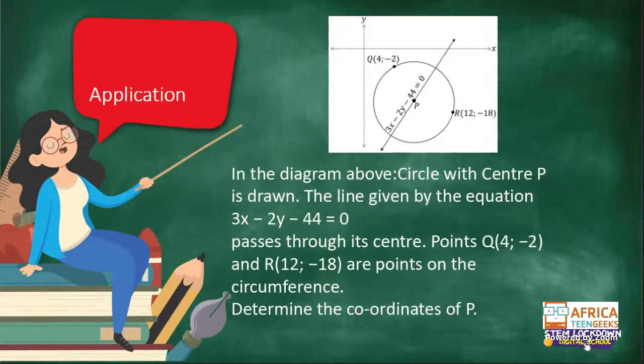So you can also work with the equation 3x minus 2y minus 44 equal to 0. You just make, for example, y the subject of the formula, and you're going to see that P will be expressed only in terms of x. And then from there, you can calculate the distances PQ squared and PR squared.